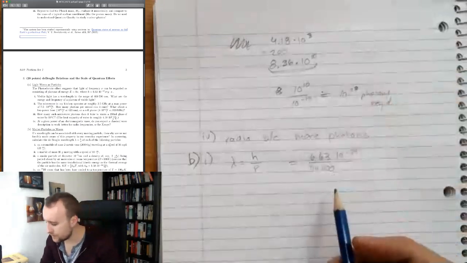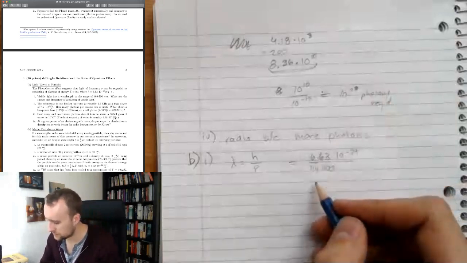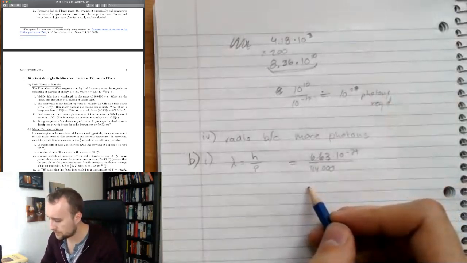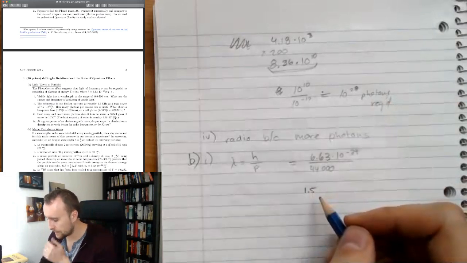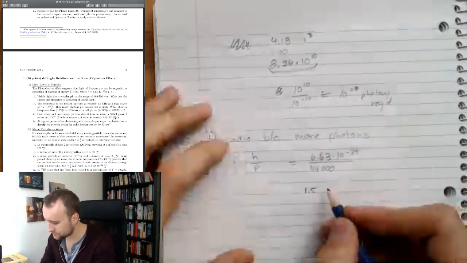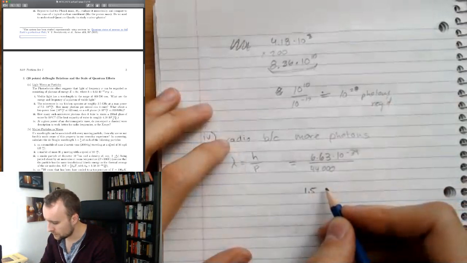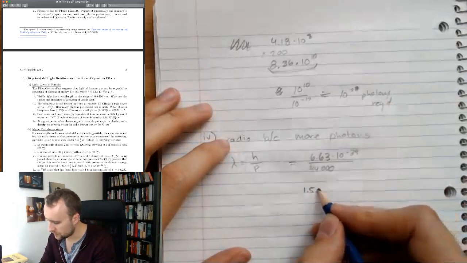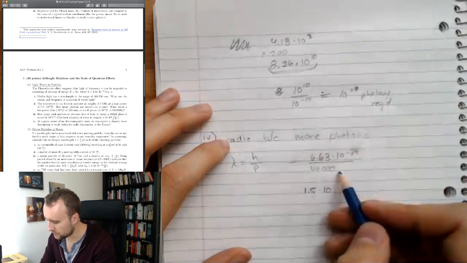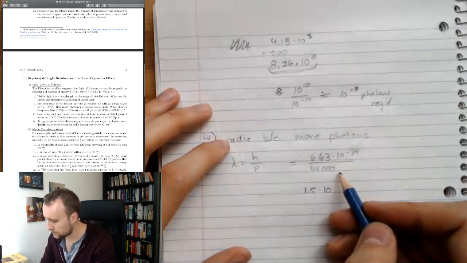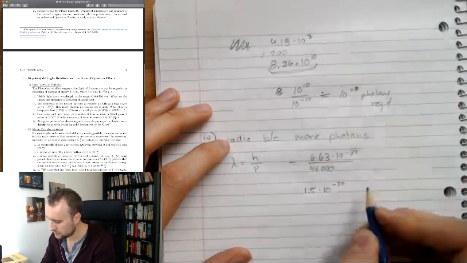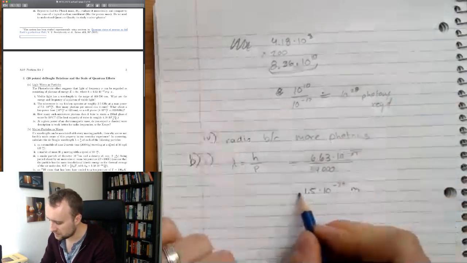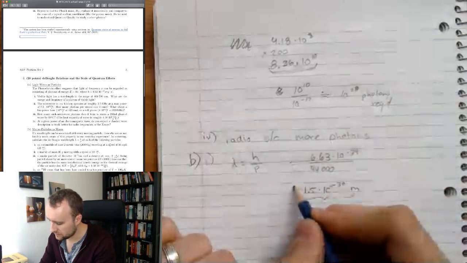So this is 6 divided by 4.4, which is 1.5. 1.5 times 10 to the, and then we've got 10,000 here, 10 to the 4, 10 to the negative 30 meters, roughly.